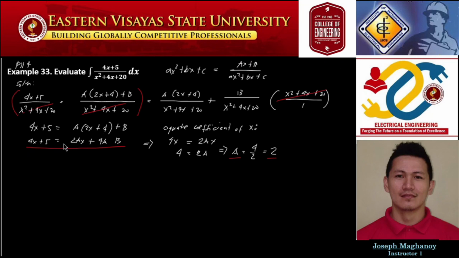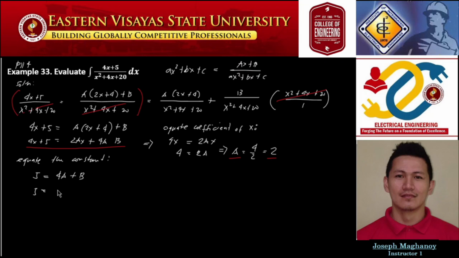If we equate the constants, we have the constant 5 on one side and 4A plus B on the other side. Since we have a value for our A, we can substitute it right away.